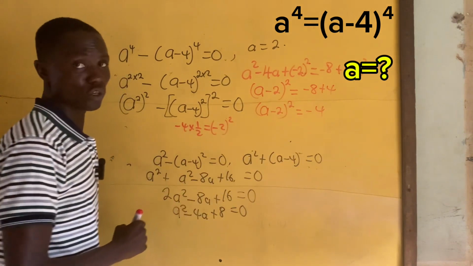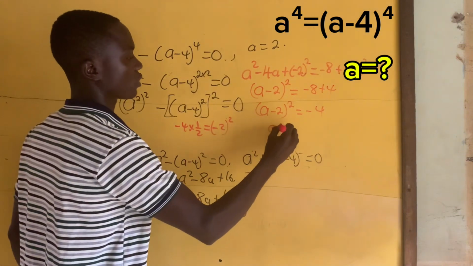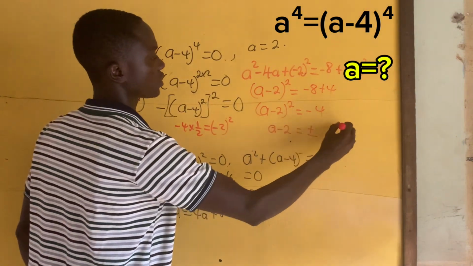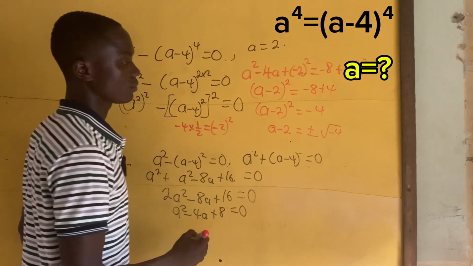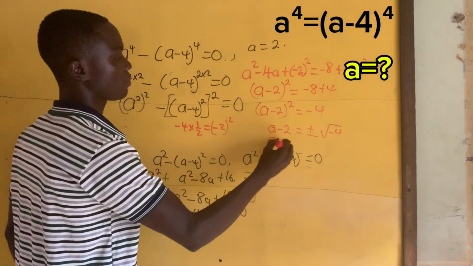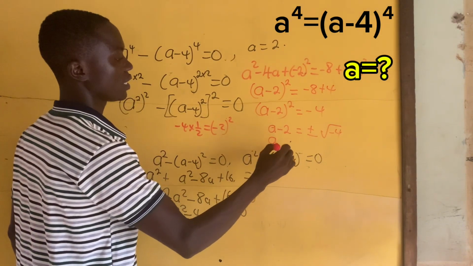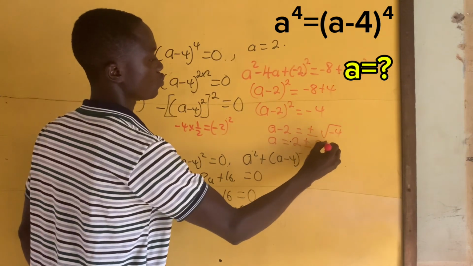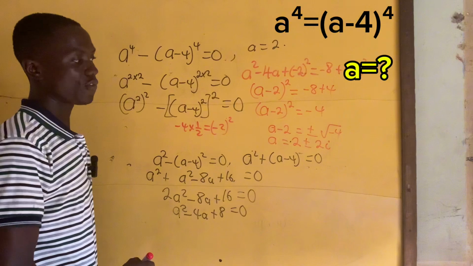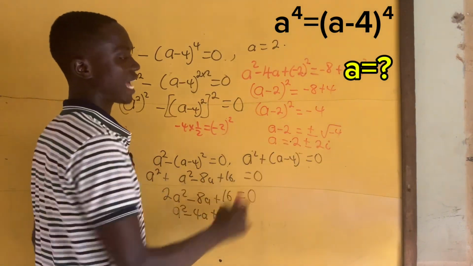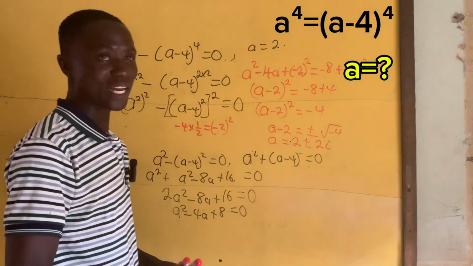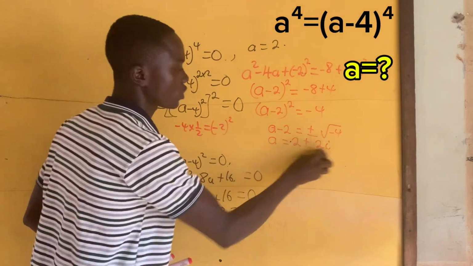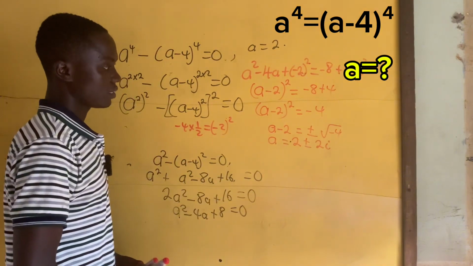If we take the square root of both sides, we get a minus 2 equals plus or minus the square root of minus 4. So a equals 2 plus or minus 2i, because the square root of 4 is 2 and the square root of negative 1 is i. So we are in the complex world. So this is very simple.